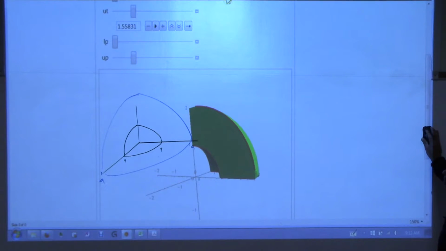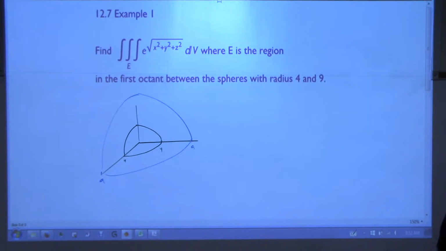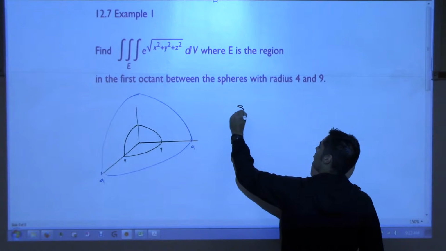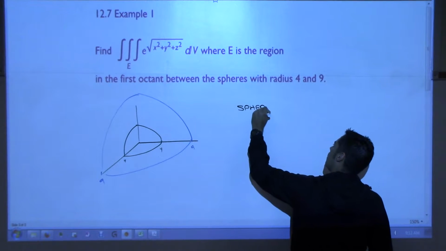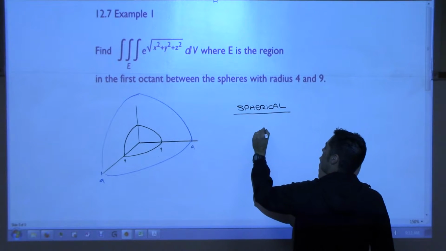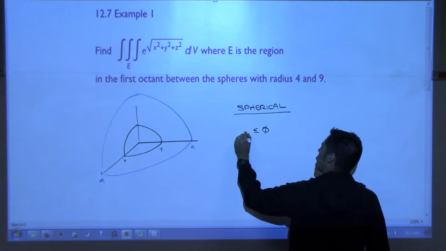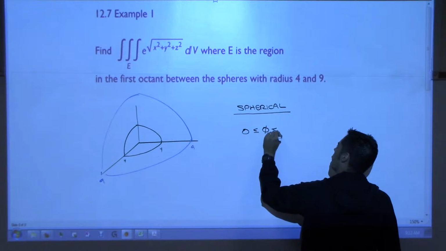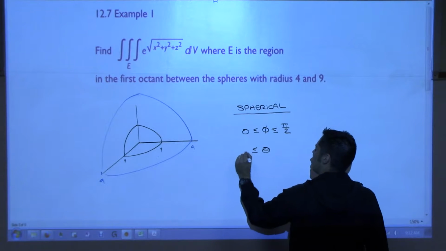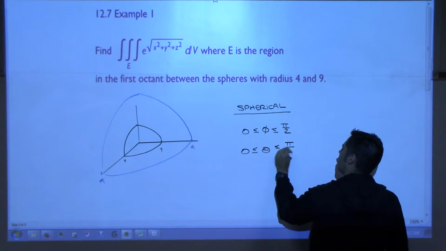So we should be able to define that region pretty easily in spherical coordinates. So in spherical, we're going to have that phi is between 0 and pi over 2. That theta is between 0 and pi over 2 also.